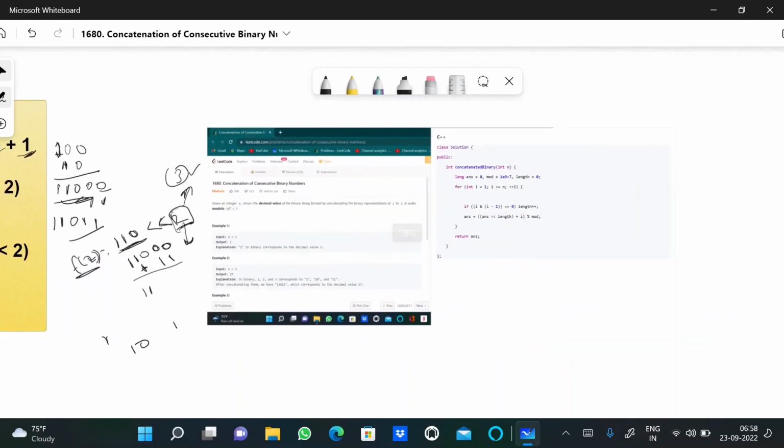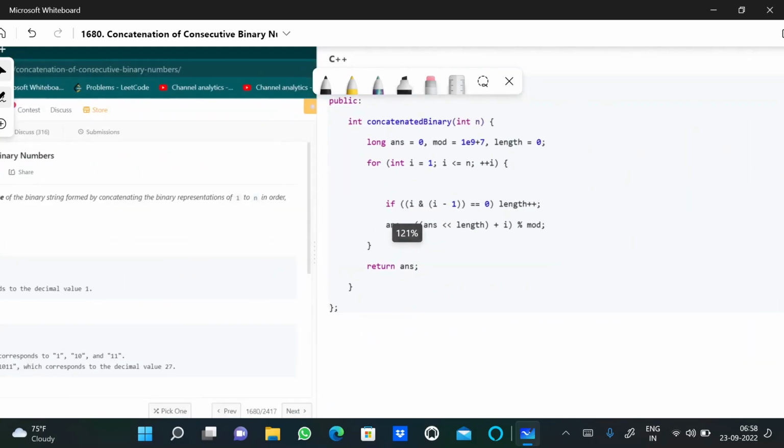So now I will show you the code. Here answer is 0, that is the starting position. Mod is for the modulus, and length is 0 at the start. Now we are looping from 1 till n, and if i AND i minus 1 is equal to 0, we are increasing the length.